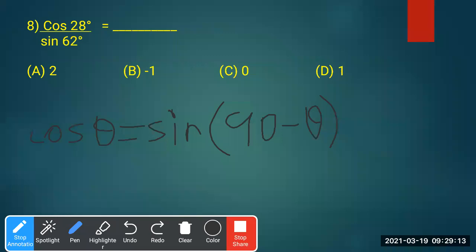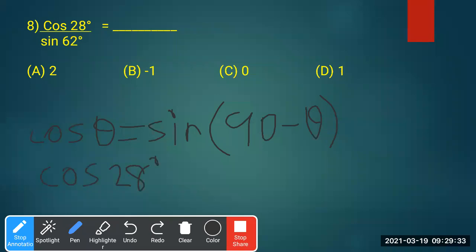Here the value of theta is 28 degree. So just substitute.